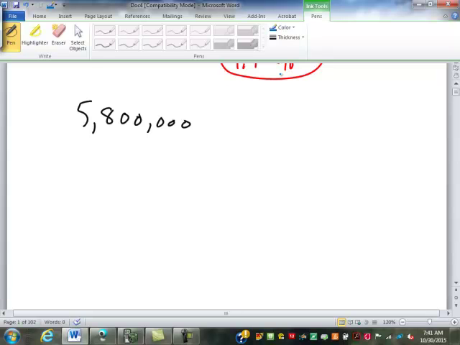But how could we get there? Well, right now, because we're going to change it to 5.8, because we want exactly one digit in front of the decimal point, and it cannot be a 0. Right now, our decimal point's right here. We want it to be here. It has to move 1, 2, 3, 4, 5, 6 places. So this is 10 to the sixth.